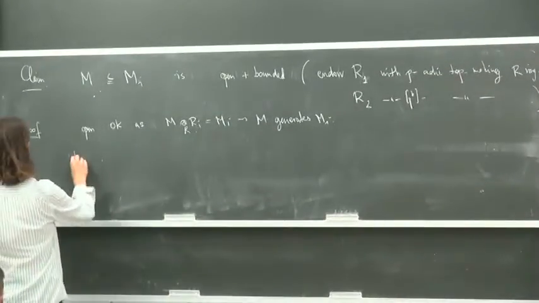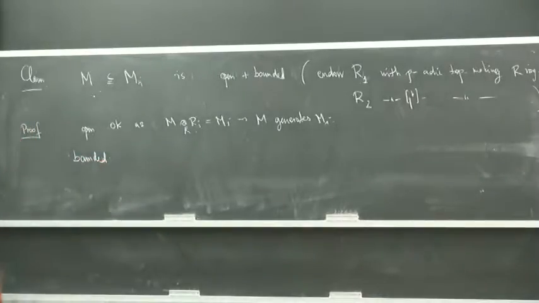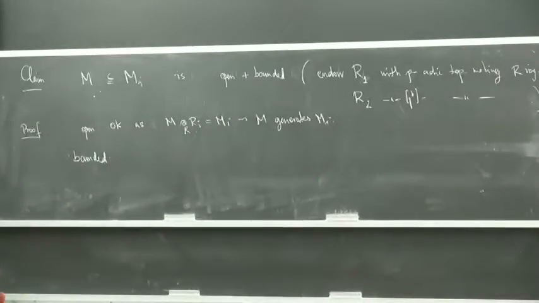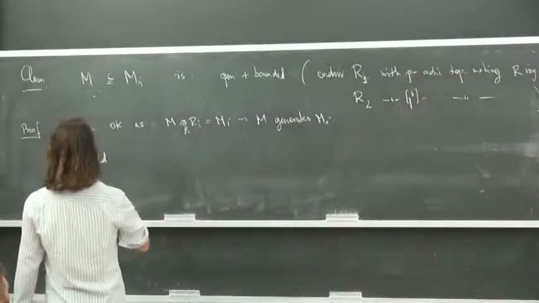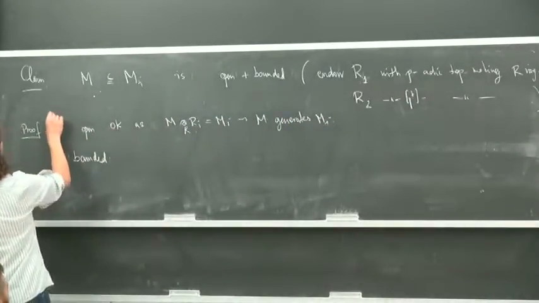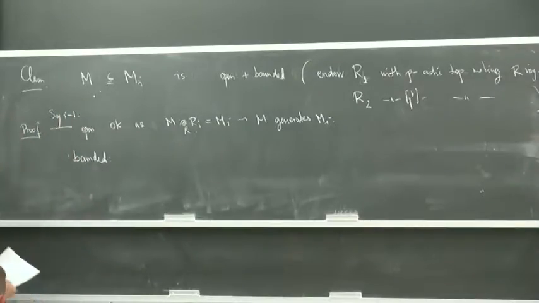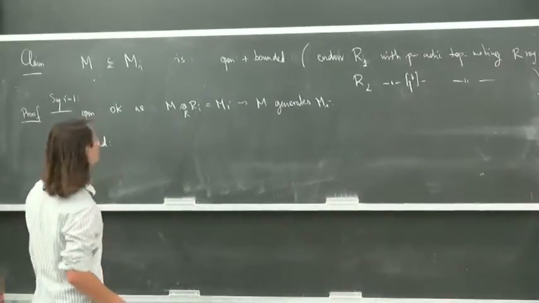And why is it bounded? So for this, the idea is that M2 is somehow bounded in the p-adic direction. So that's okay. I mean, it really doesn't matter which i I choose. Let's do it for i equal to 1. Bounded.